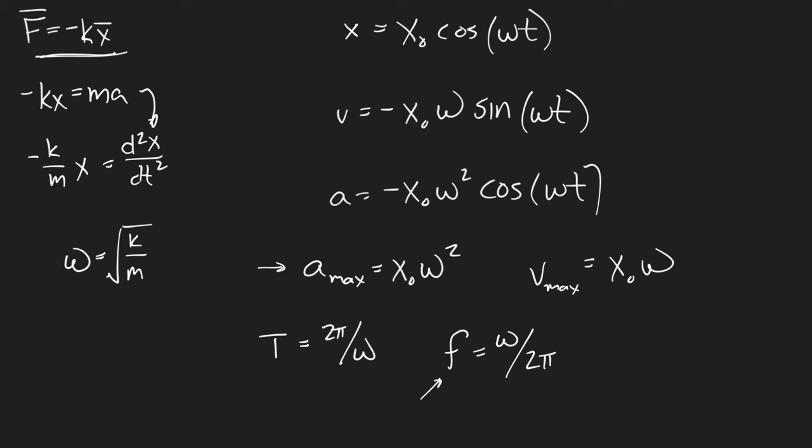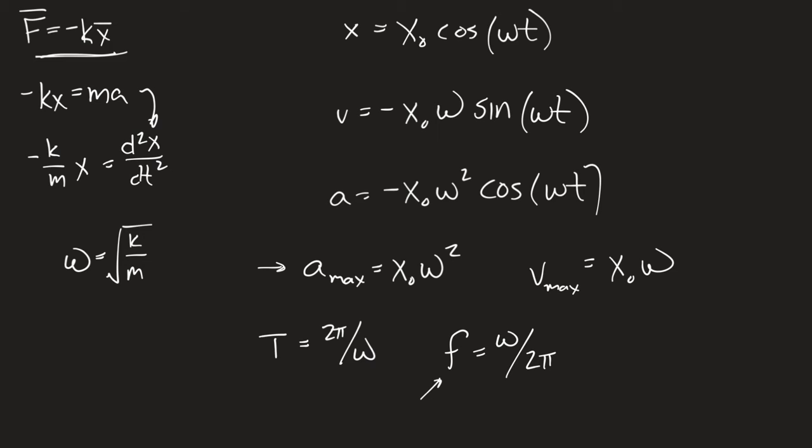So all of this is predicated on the idea that omega is equal to the square root of k over m, and that came from a second order differential equation. Now, that's a lot, and I don't want to assume that this all makes perfect sense, why I'm writing it like this. So let me impress upon you something that's important.